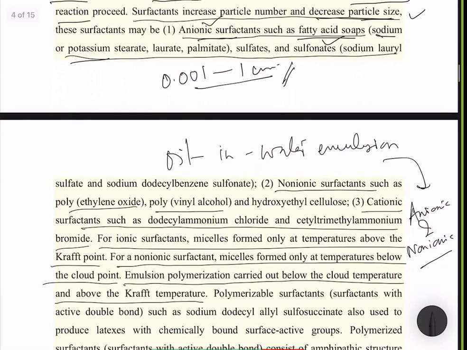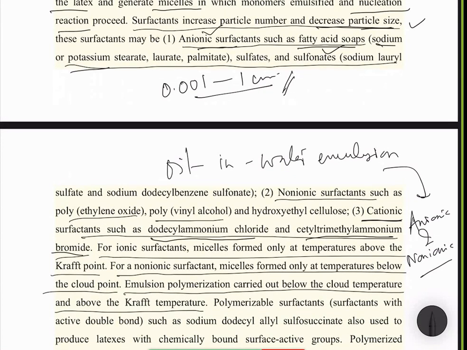Or you can have your cationic surfactants like cetyl trimethyl ammonium bromide or CTAB, or dodecyl ammonium chloride. So these are your cationic surfactants, which bear a cationic charge, and your anionic surfactant bears a negative charge.